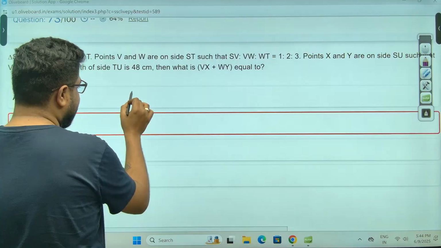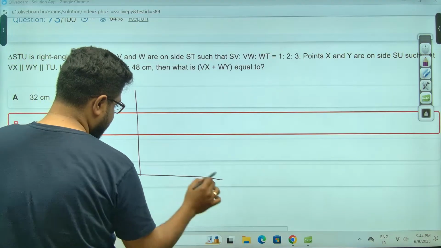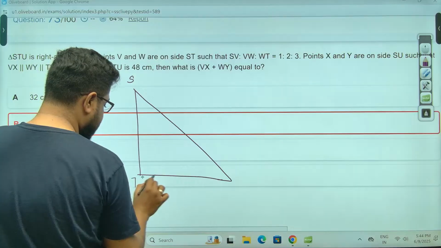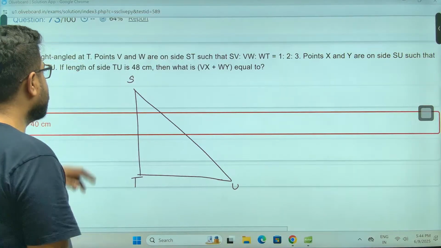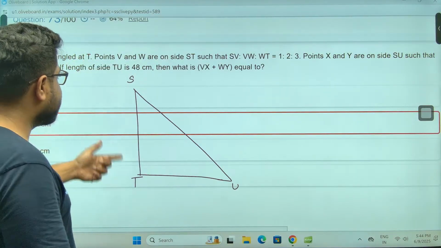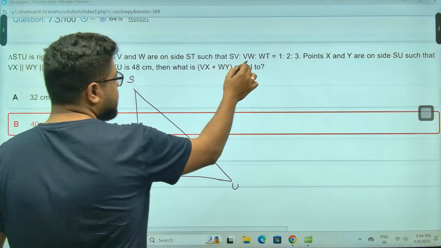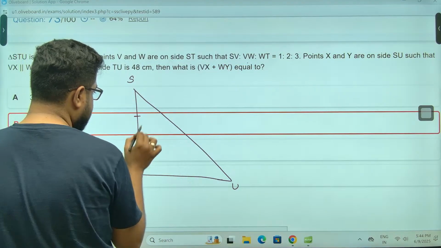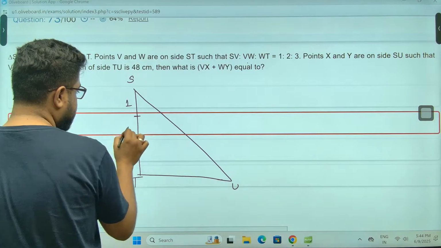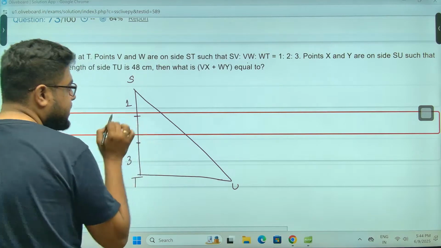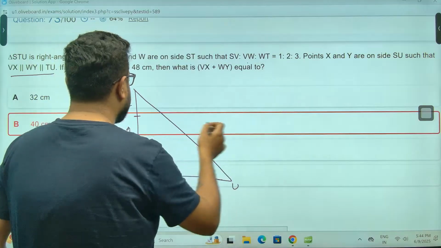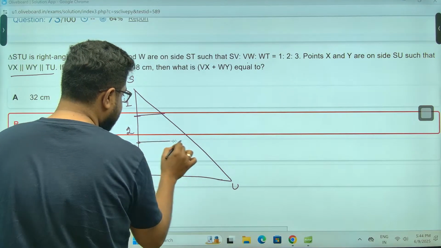STU is right angled at T, sir. S, this is T, this is U. Points V and W are on ST such that this is one part, this is two parts, this is three parts. Parallel, yes, see, parallel. The diagram will be like this.